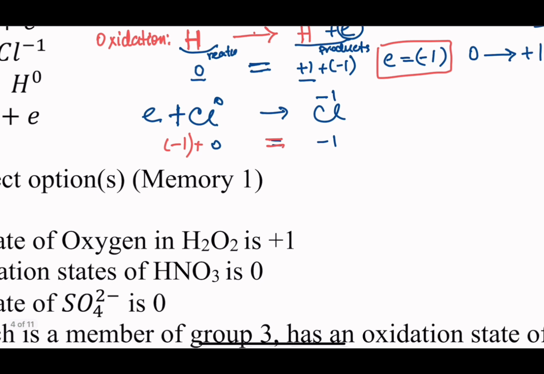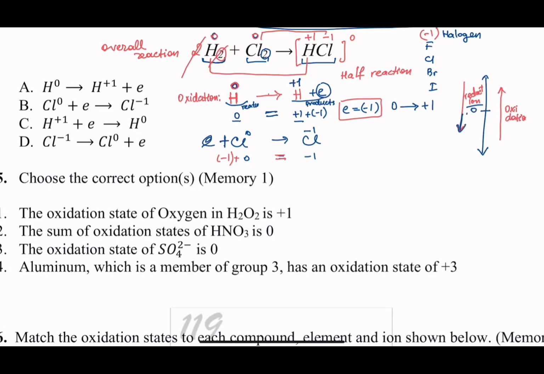So what happened here on the reactant side? On my reactant side, I added an electron, which means that I gained an electron, but I lost over here, right? So that's why we said that OIL RIG, oxidation is losing electrons, reduction is gaining electrons, right? So I gained an electron on the left side, I lost an electron on the right side as a product.